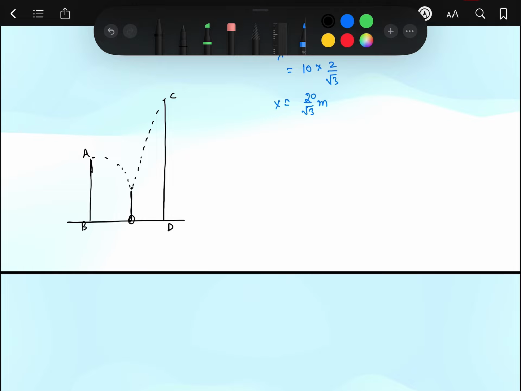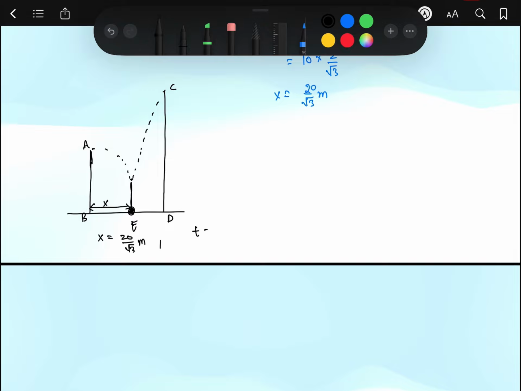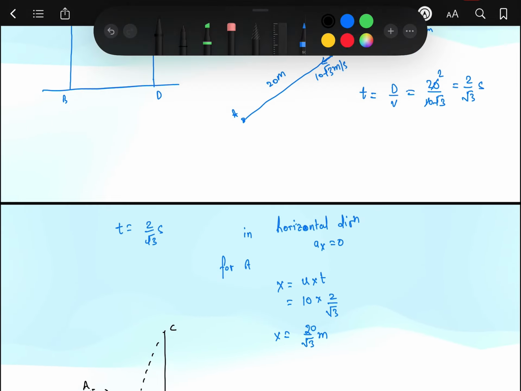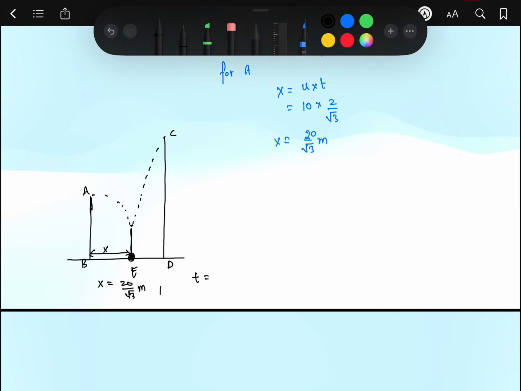So at this point, point E, they will be colliding and falling down, and this distance x is 20 by root 3 meters, and they will be colliding in how much time? That time is 2 by root 3 seconds.